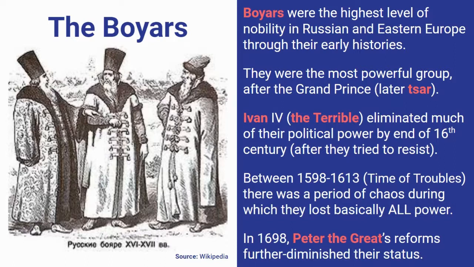So their loss in power starts, even to an extent, under Ivan the Great, because you just have a larger consolidation of power under one banner, so there's always going to be a little bit of that. But it's really under Ivan the Terrible, Ivan IV, that you see concerted efforts against them.